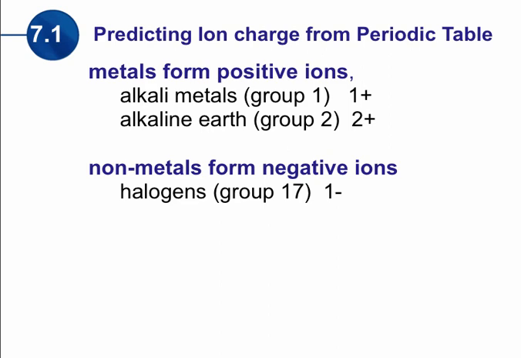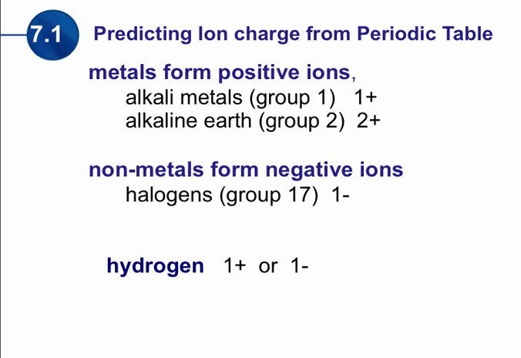The exception is hydrogen. Hydrogen has only 1 electron, which means it can either be positive or negative. It's either going to give up an electron or gain an electron. So important to note, different patterns exist on the periodic table depending on the location of the element on that periodic table.